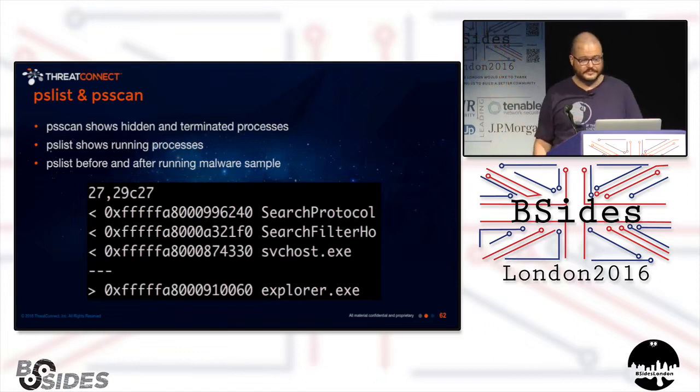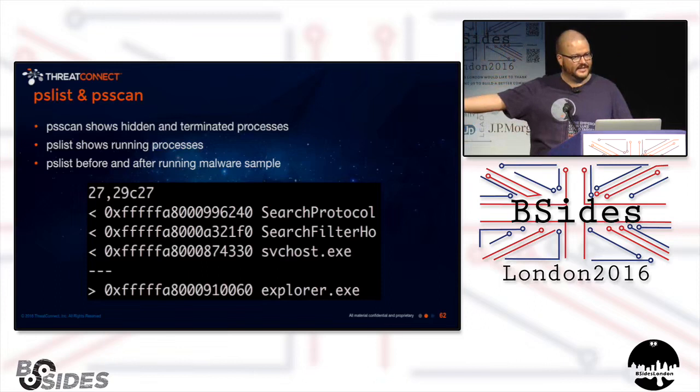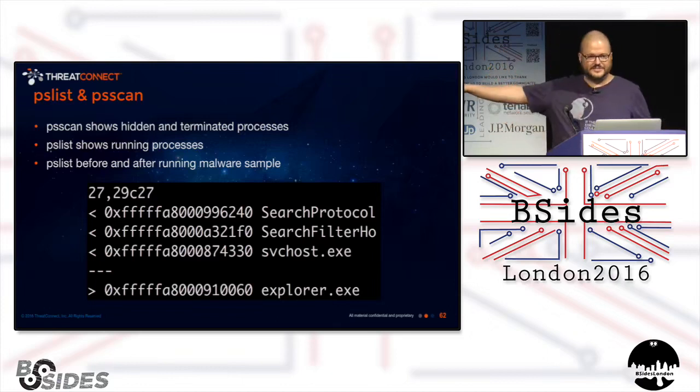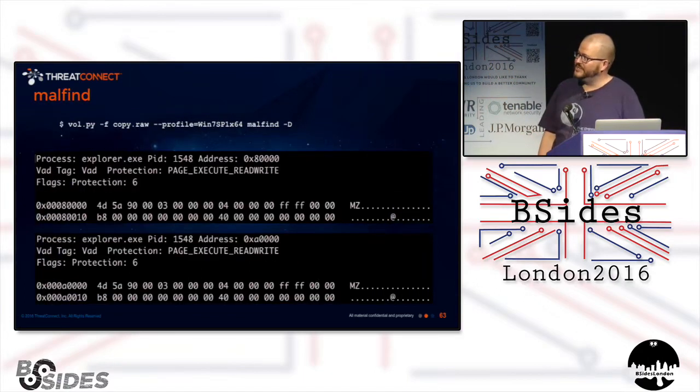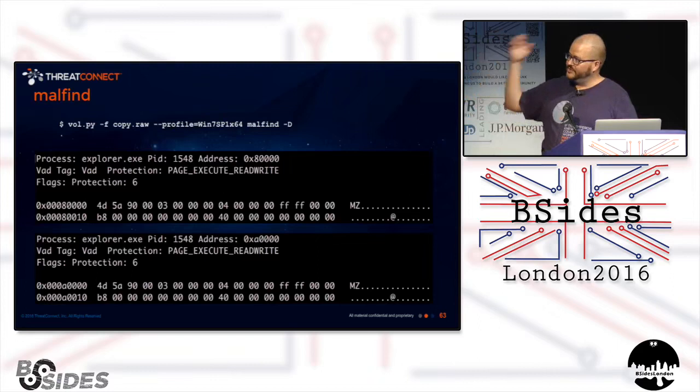But now you can see explorer.exe is running in this VM. And by the way, I did not run explorer.exe. I clicked on a malware executable. So this is very suspicious. Let's take a deeper look at what's happening there and run it through malfind.